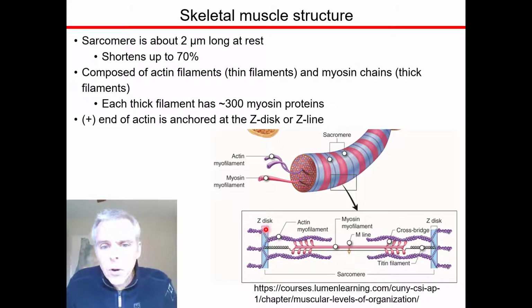I've heard both terms. In fact, I think your textbook uses both terms. And so the Z disc is where we have the plus end of the actin anchored, and as you can see from the schematic, here is the next sarcomere that's starting. So here's the plus end of an actin filament, and if we were to extend this way, you would see then another set of myosin filaments on this end on the next sarcomere.